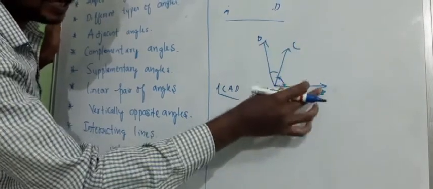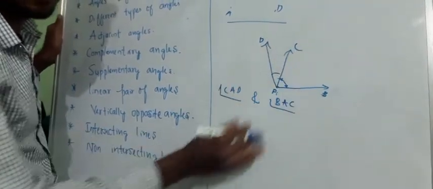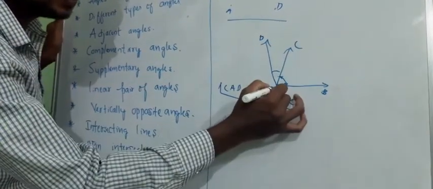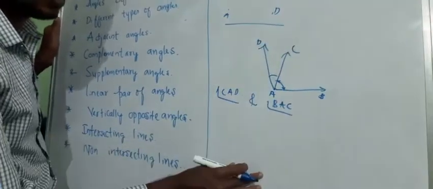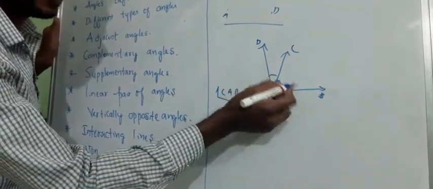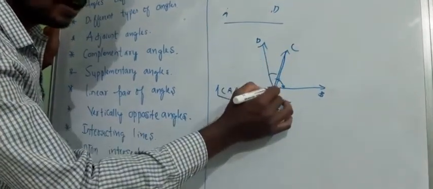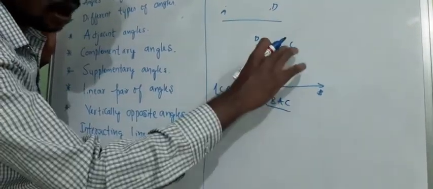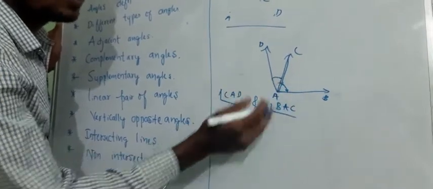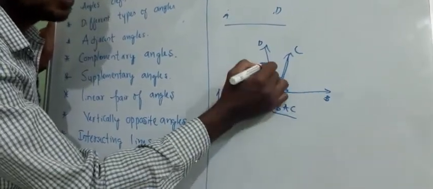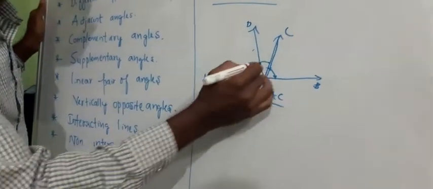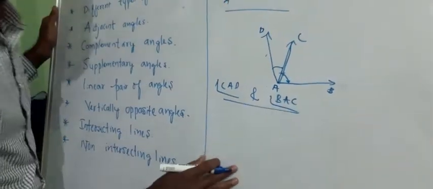Here AC and AB, the two arms are making one more angle. See, which arm is common here? So AC is common here. Whenever between two angles, one arm is common, and the other two non-common arms lie on either side of the common arm, then those angles we call adjacent angles.